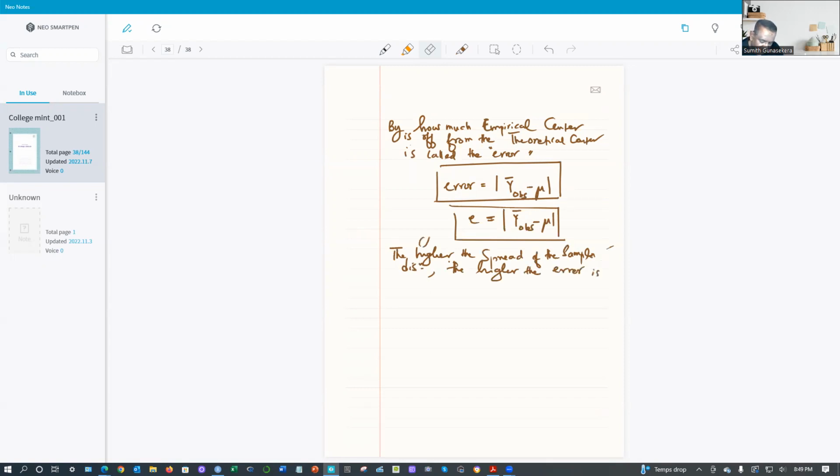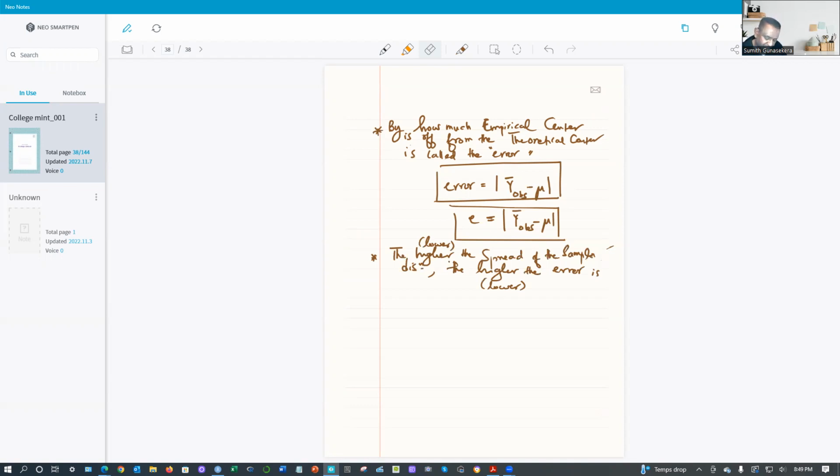If it is lower, the error is also lower. They are directly proportional. So that gap creates an error.